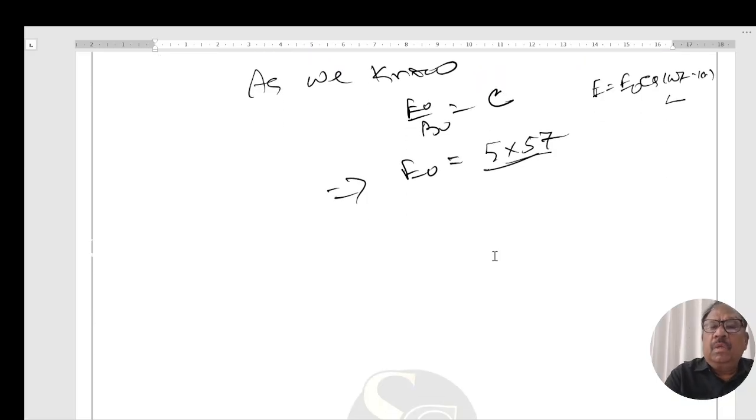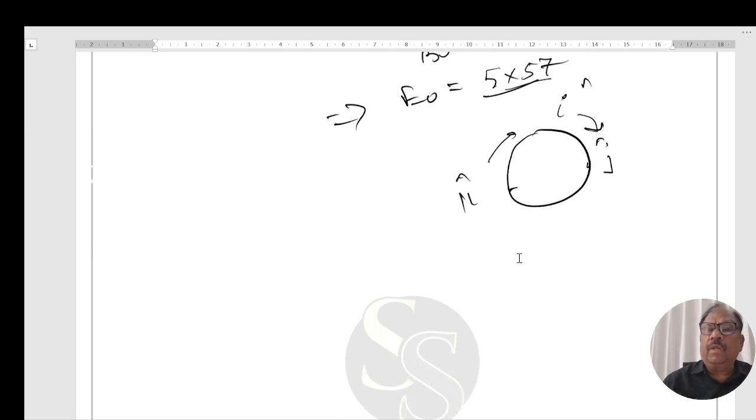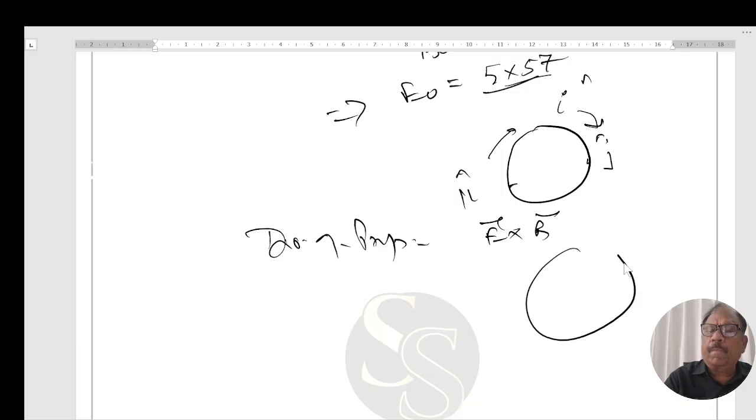Now, you know, as I, J, K: I cross J, J cross K, K cross I. Similarly, direction of propagation is E cross B, which is perpendicular to this as well as this. Means take the unit vector of this, the unit vector of this, and the direction unit vector.